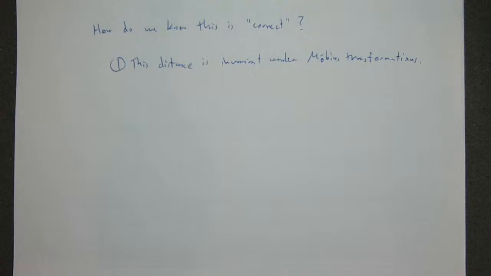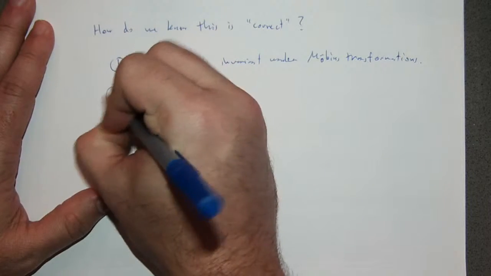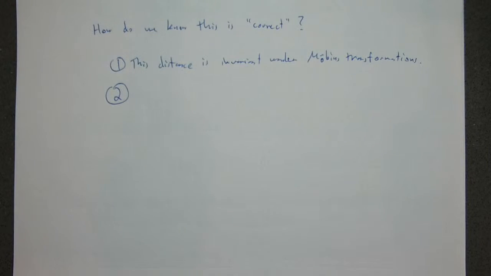In fact, this is something that's required for us by this Klein approach. The Klein approach, remember, says that the important quantities in the geometry I'm studying will be invariant under the transformations I've chosen. And so that's actually the definition of being an important geometric quantity, is that it is invariant under these transformations. Okay?